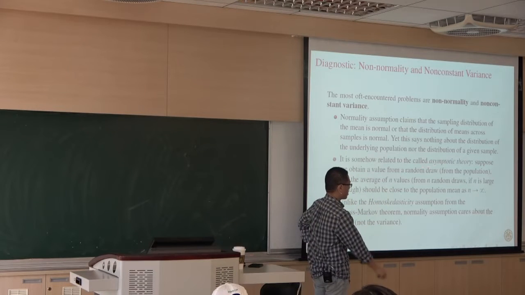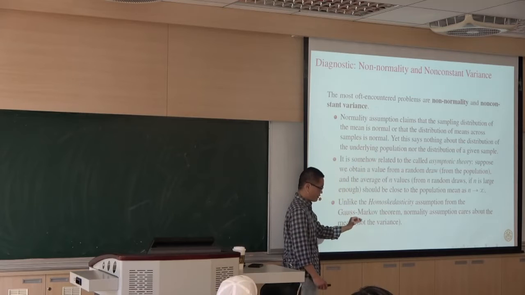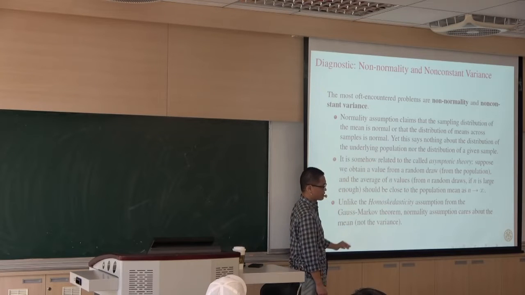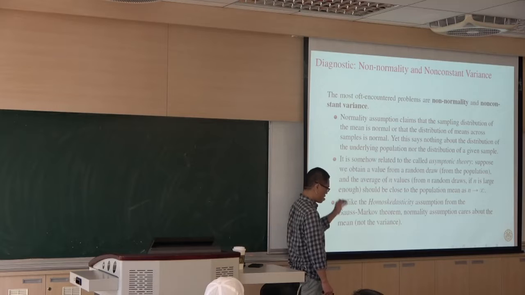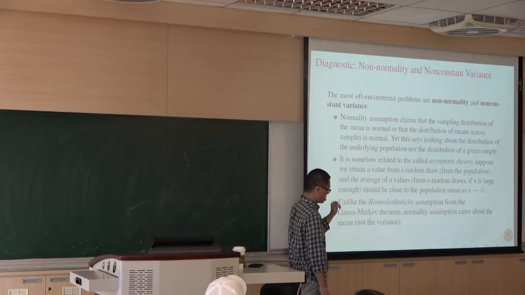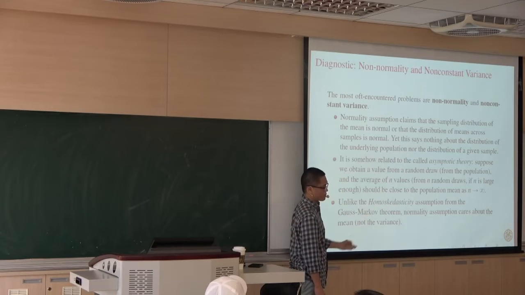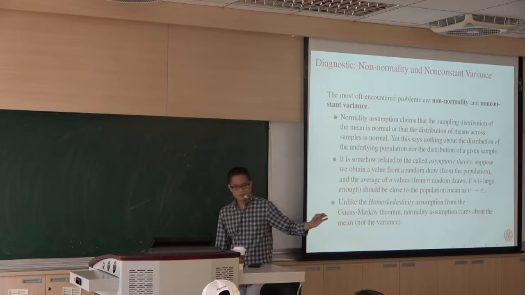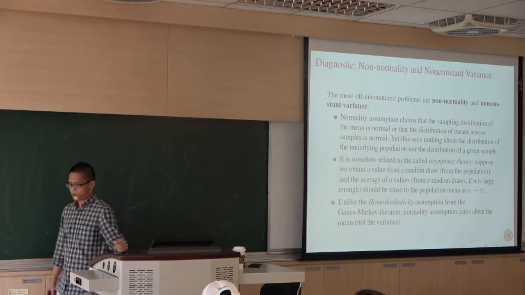This is called the asymptotic theory. It says the value should asymptotically get close to the true population value, meaning that they should approximately get to the real value of the population.